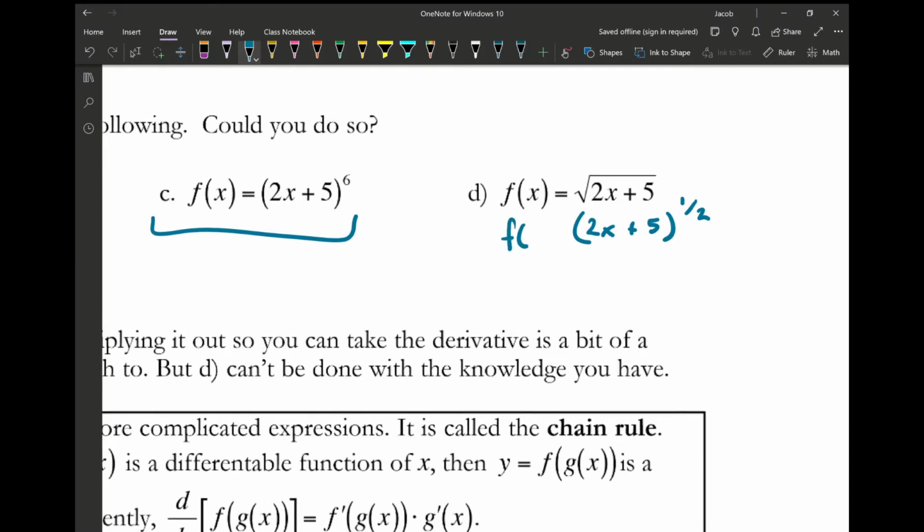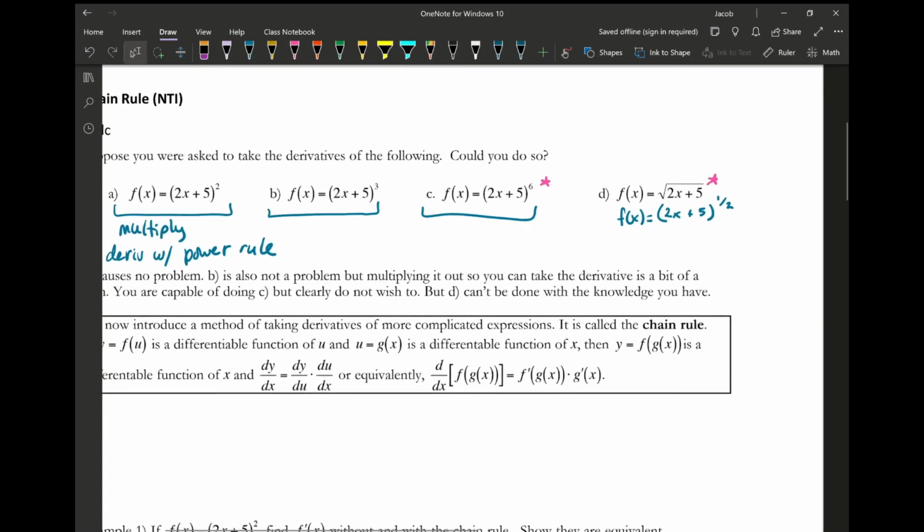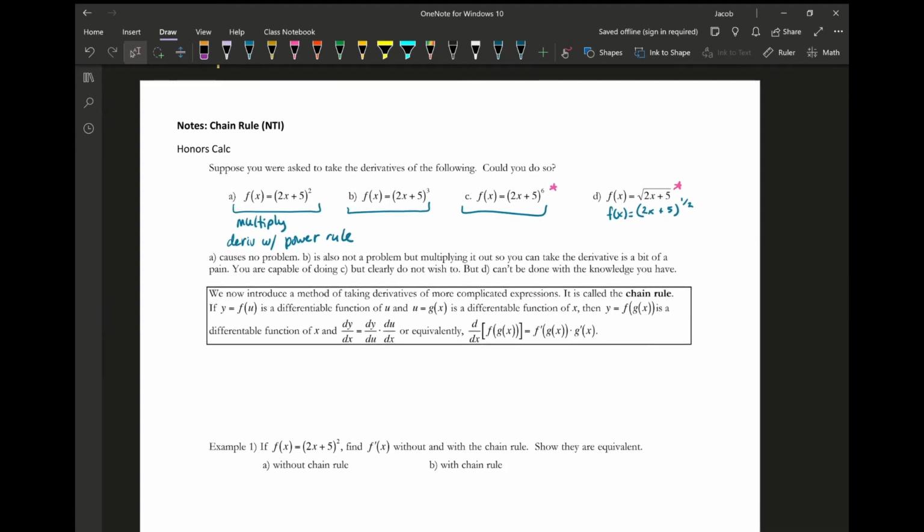So if that's what we're trying to accomplish, then that's not so great. And even here for C, I would not want to sit there and multiply all that out and do that derivative. There has to be a better way.